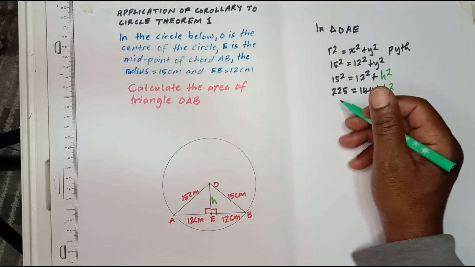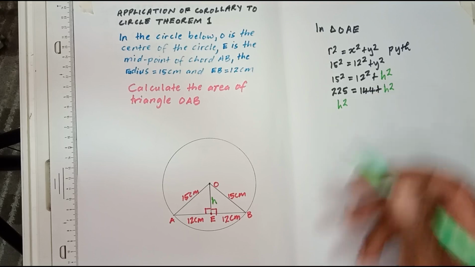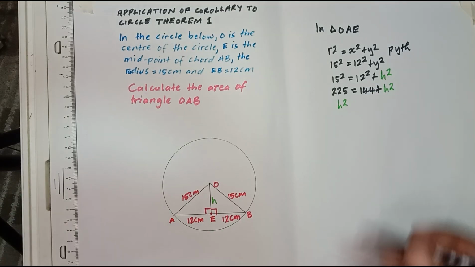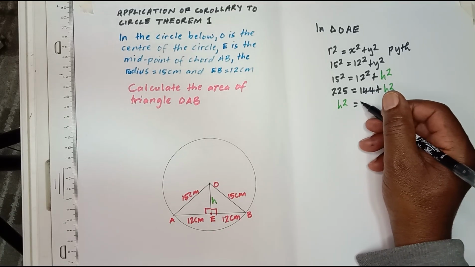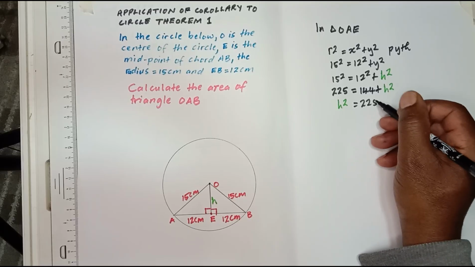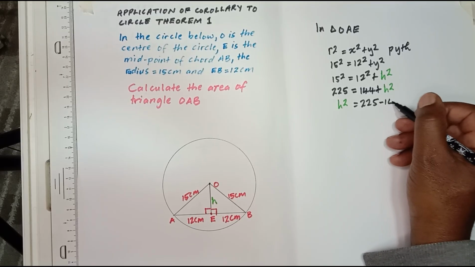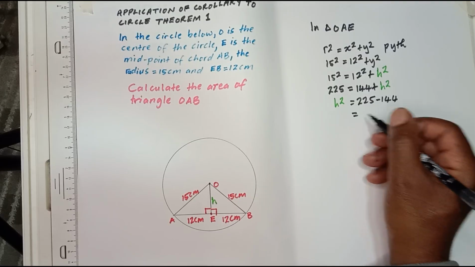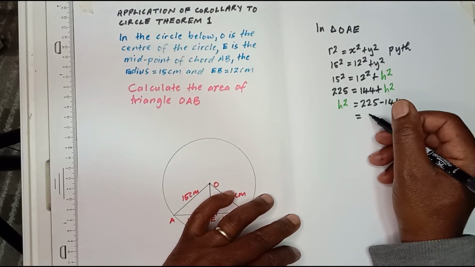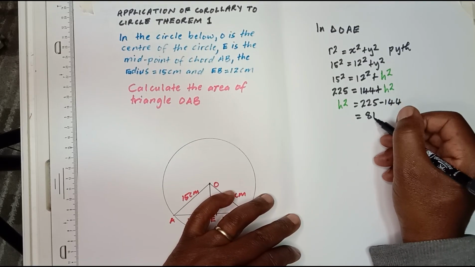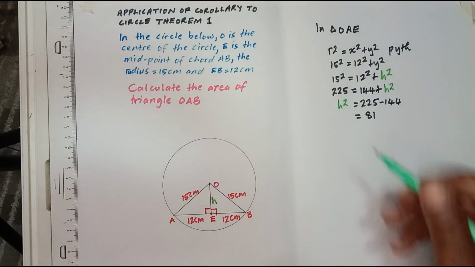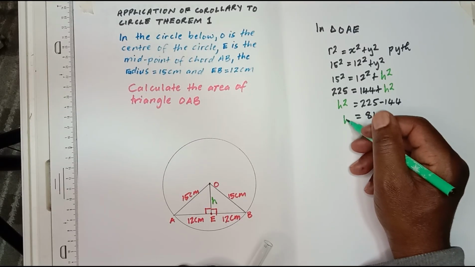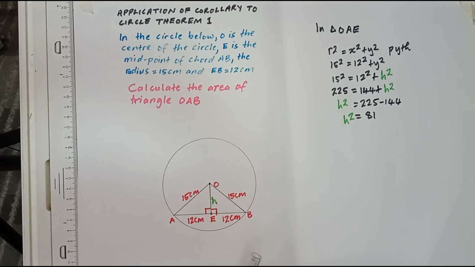So we'll see that our h squared will be equal to 225 minus 144. So this is equal to 81. So it means h squared is equal to 81.